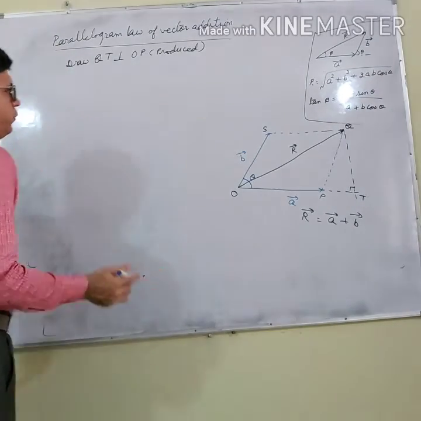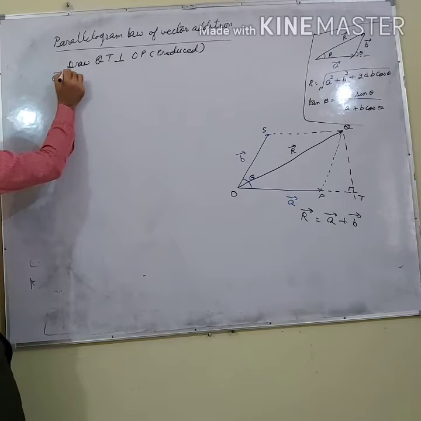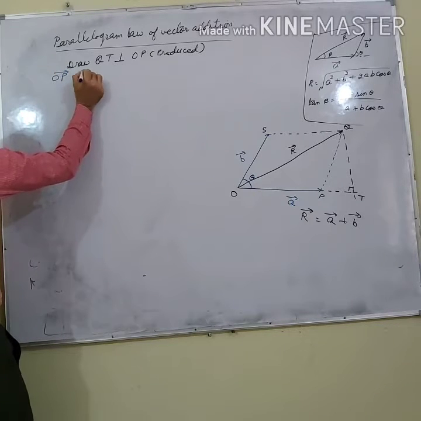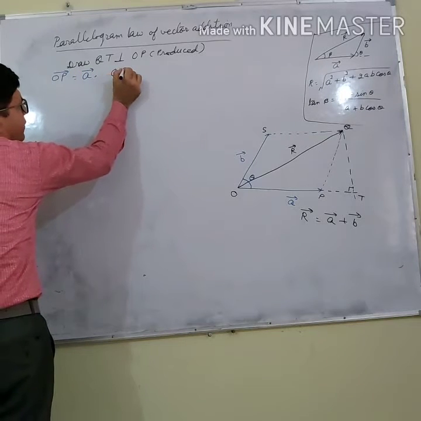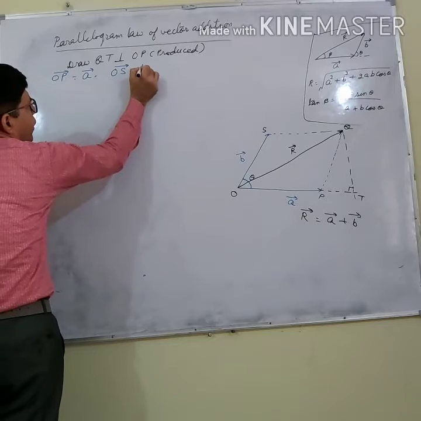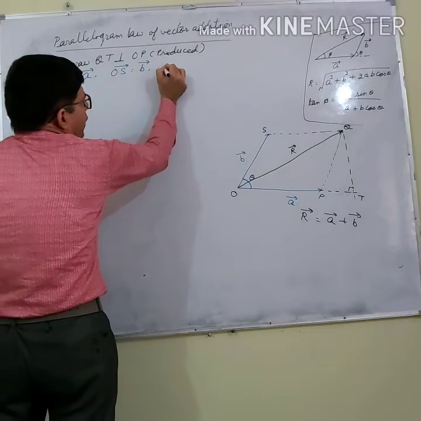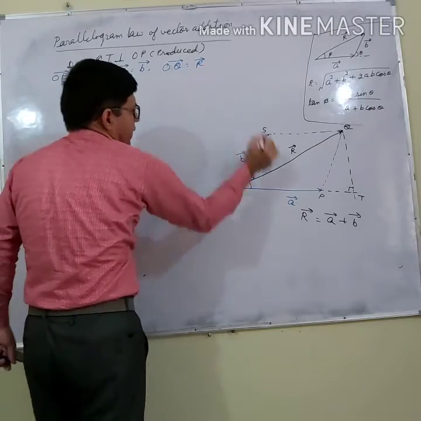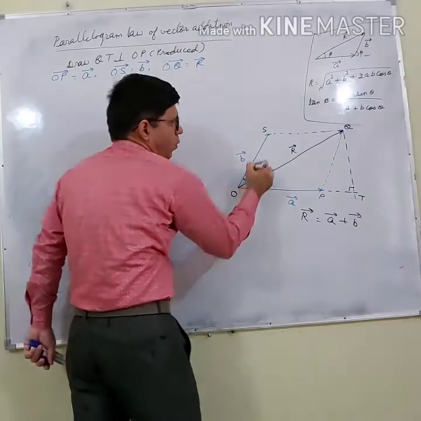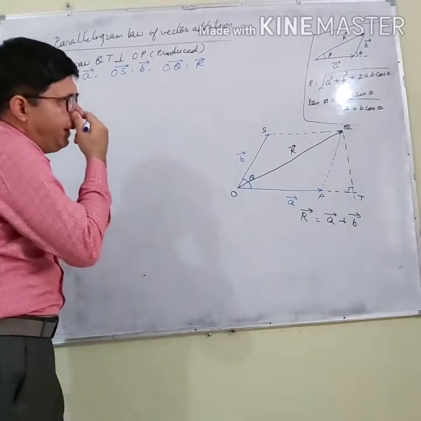Now it is clear that vector OP is vector A, vector OS equals vector B, and vector OQ equals vector R. OQ is vector R, OS is vector B, and OP is vector A.